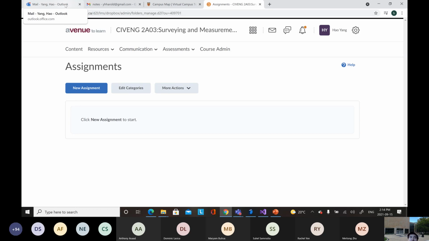Once you finish, I guess this time you have to scan your solutions and upload them to Avenue to Learn. It is also under the assignment. You will have the Dropbox to upload all your answers, and there will be some instructions in the homework assignment about how to name your solution and what the deadline is for each homework assignment.